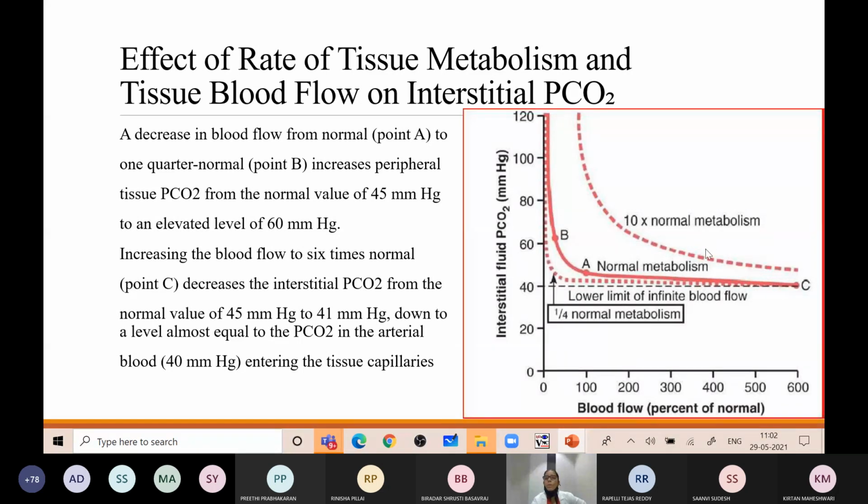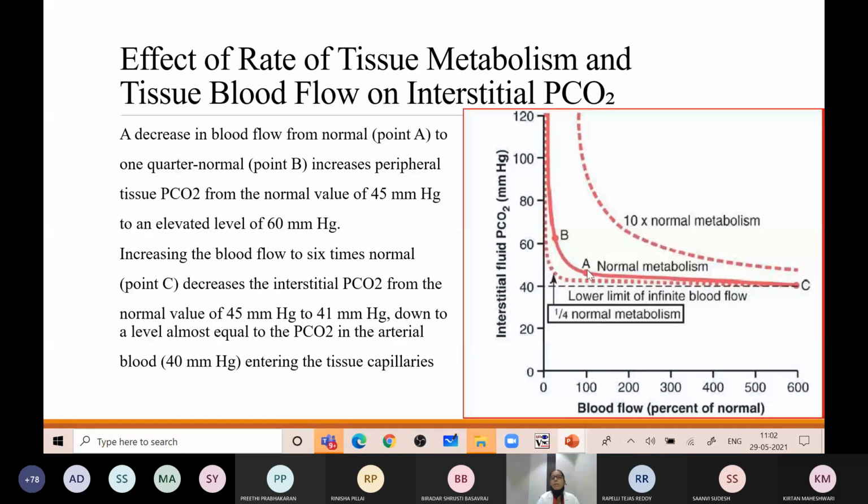Here is blood flow as a percentage of normal, and this is the interstitial fluid PCO2. The decrease in blood flow from normal point A to 1/4 normal point B increases peripheral tissue PCO2.